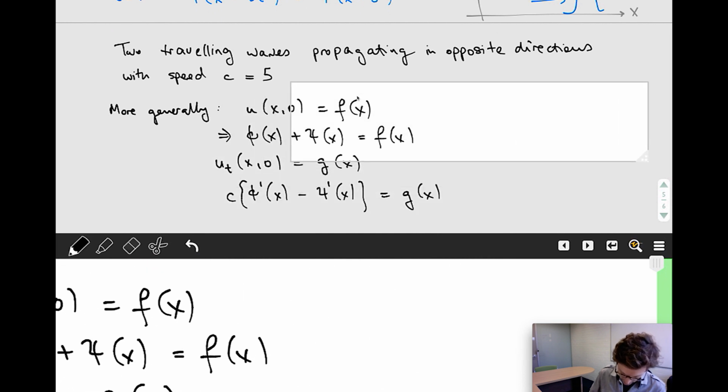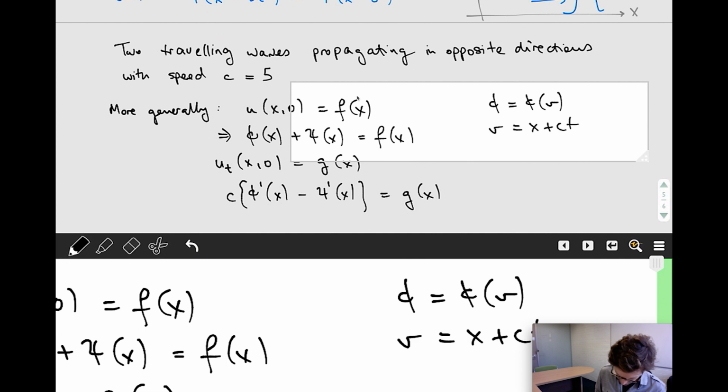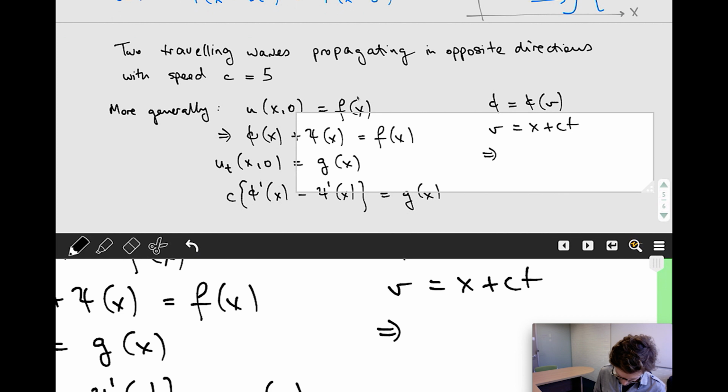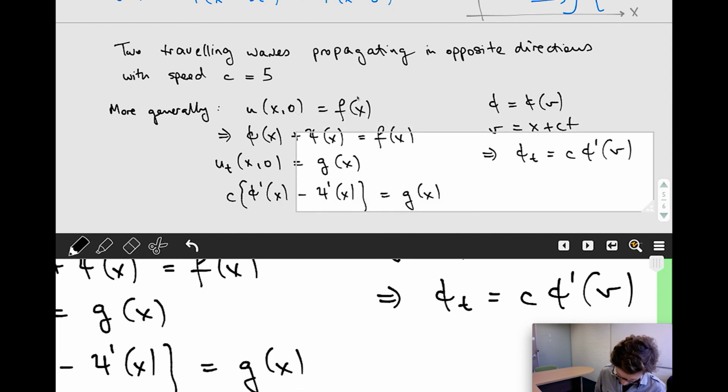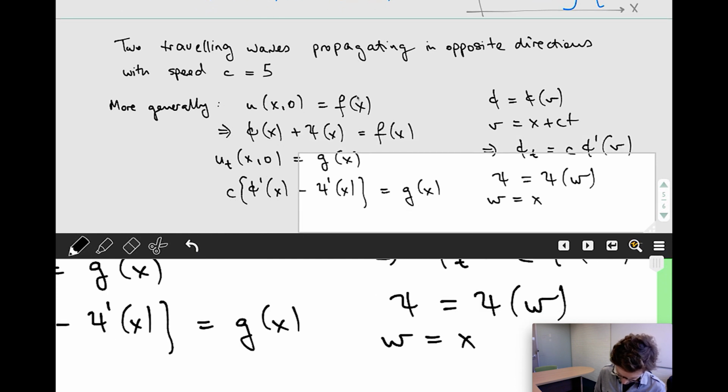And that's coming about because phi is equal to phi of v, and v is equal to x plus ct, which implies that the partial derivative of phi with respect to t is going to be c times the derivative of phi with respect to its argument. And likewise, psi is equal to a function of w, where w is equal to x minus ct.